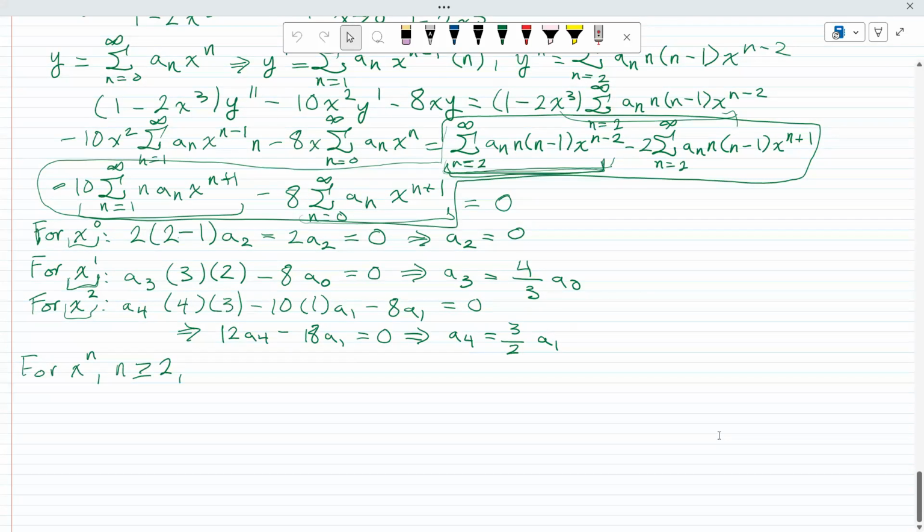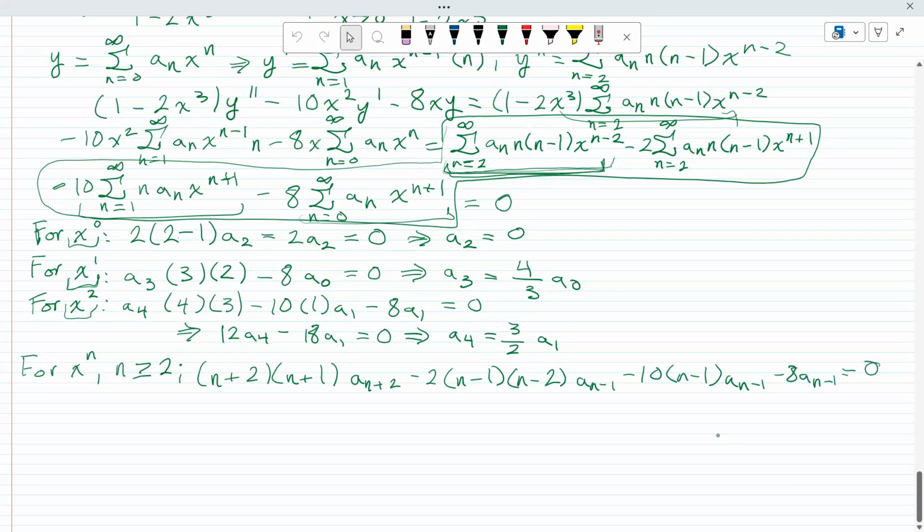So, I need to write down this expression again. So we get n plus 2, n plus 1, a n plus 2, minus 2 n minus 1, n minus 2, a n minus 1, minus 10 n minus 1, a n minus 1, minus 8 a n minus 1 is equal to 0. Okay.